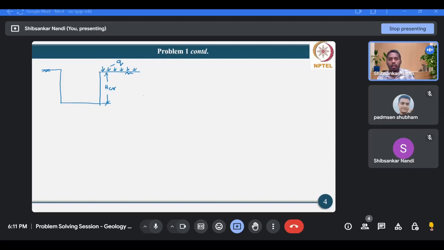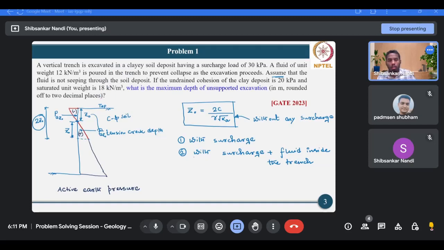Okay, this is the critical height. Now, what was the principle to determine Z0? The principle behind the calculation of Z0 is that at a depth of Z0 from the top of the retained soil mass, the lateral active earth pressure will become 0.